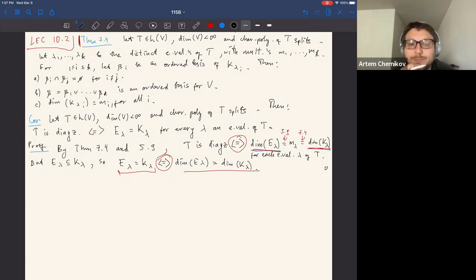Okay, so our next aim is now to connect generalized eigenspaces to the Jordan canonical form of an operator. Roughly speaking, the logic here is going to be the same as when we proved that diagonalizability, or saying that the matrix of the linear operator is diagonal, is equivalent to having a basis consisting of eigenvectors.